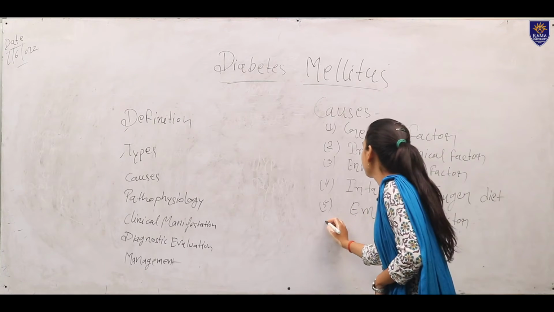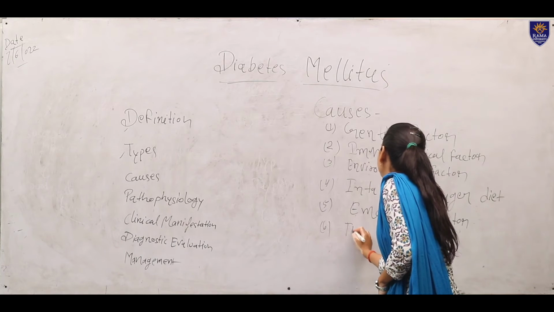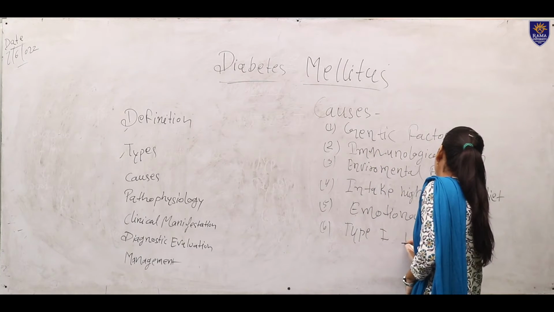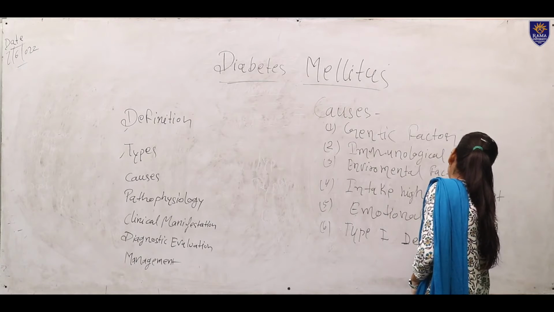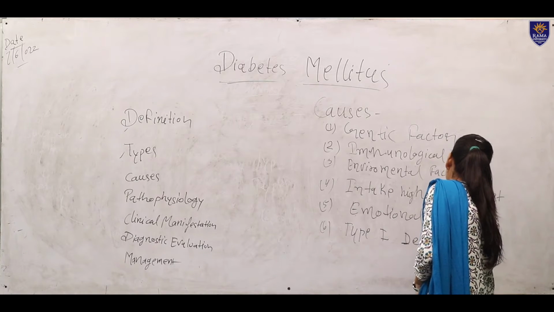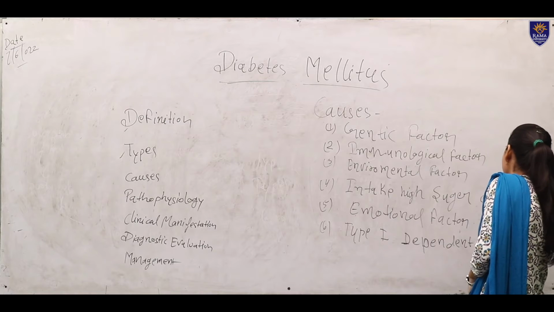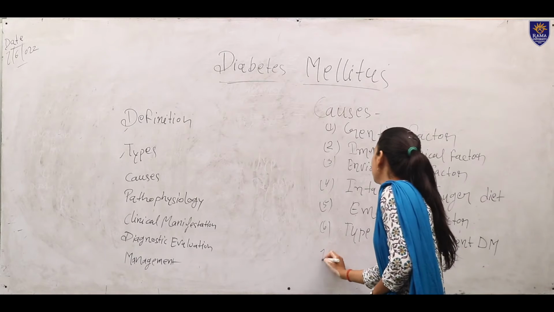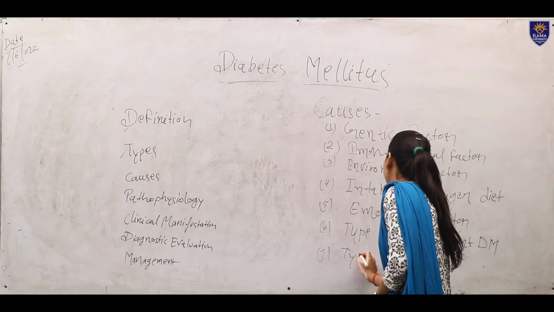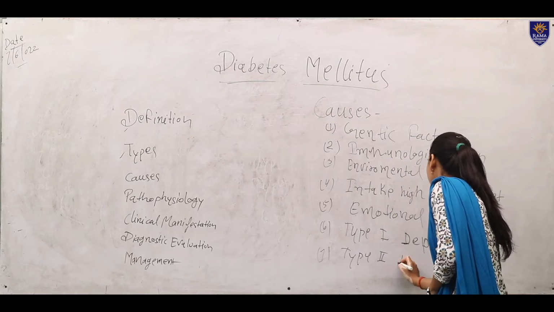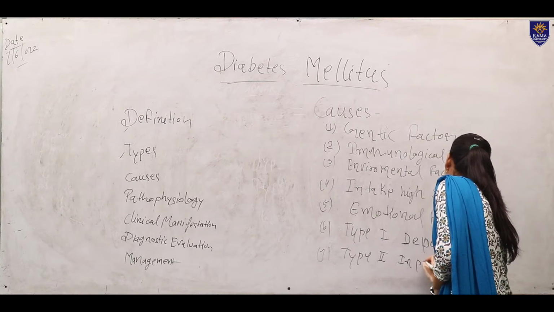Then by type, first type 1, dependent diabetes mellitus. Then type 2, independent diabetes mellitus.